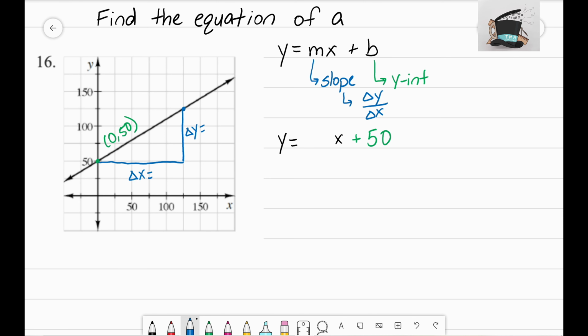My change in y, my change in x. Well, it looks like on my y-axis, every unit block here seems to be going by 25, right? Here's where 0 is. I go up 1, I'm at 25, 50, 75, 100, 125, 150. So every block represents 25.